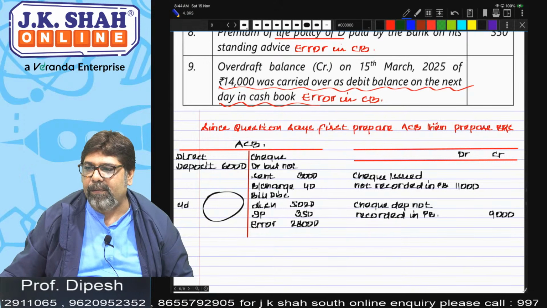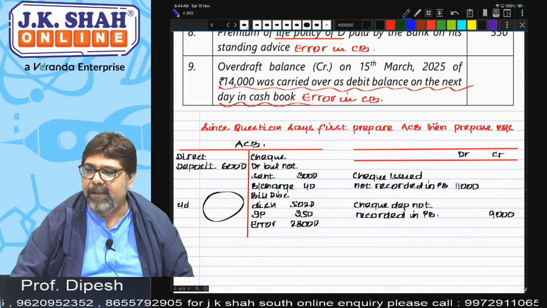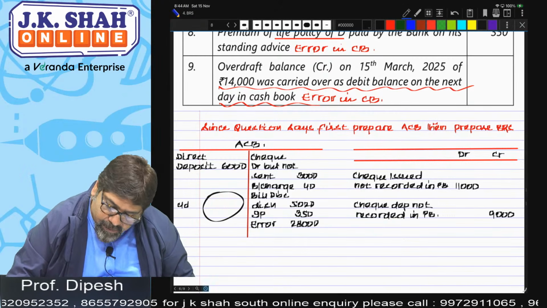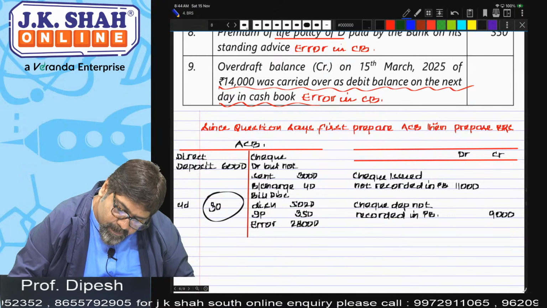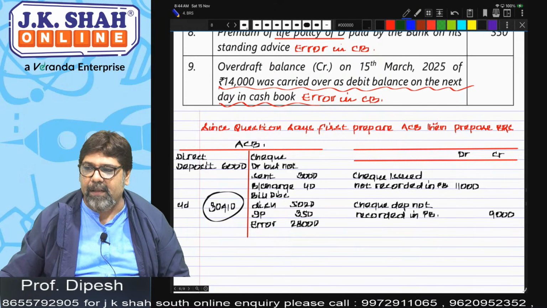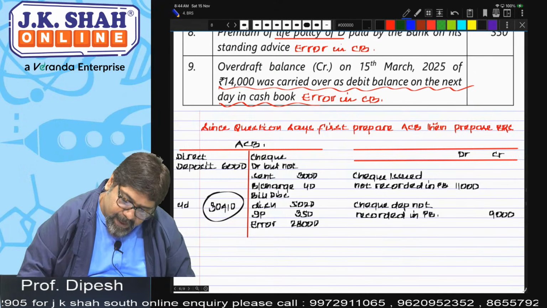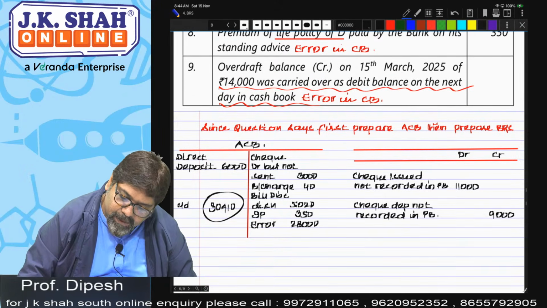Damini, 30,410. Daivik, 30,410. Carried down balance is 30,410. That is the bank balance as per cash book, credit.